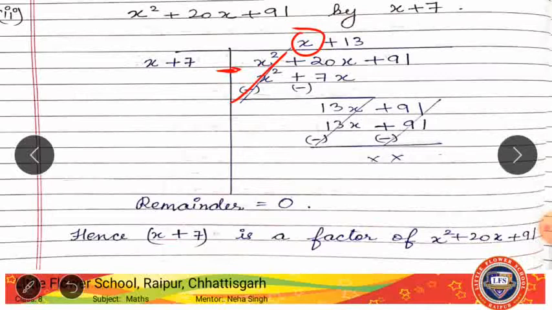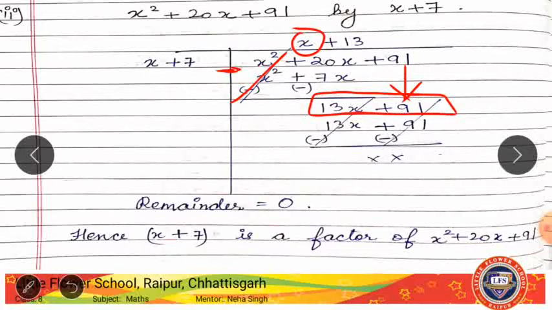Till now, is the question clear? After this 13x, we got the remainder for this dividend. Now we are going to copy the next term, that is 91. Till here we have finished the set of steps. What is the new dividend we are getting? 13x plus 91.